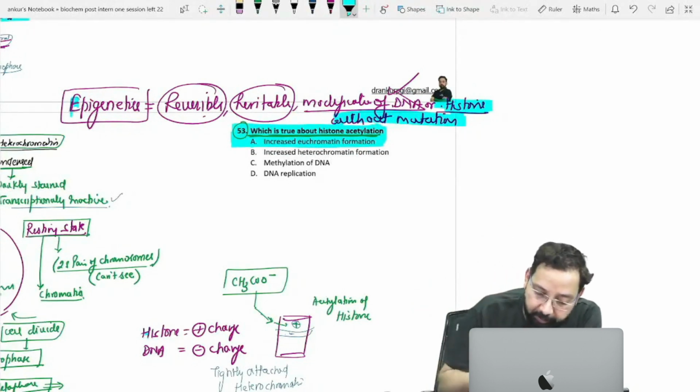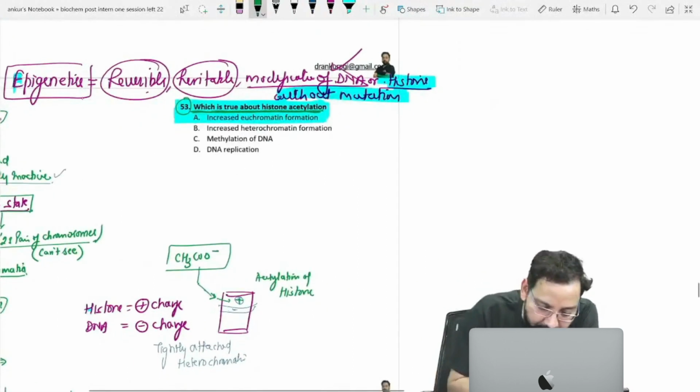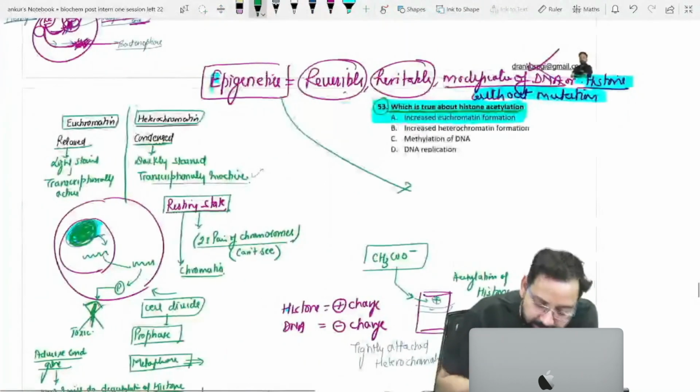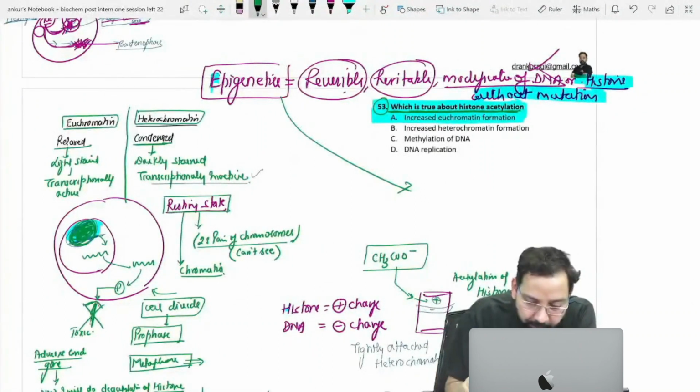Now, modification of DNA. What is modification of DNA? One type of epigenetics is modification of histone.